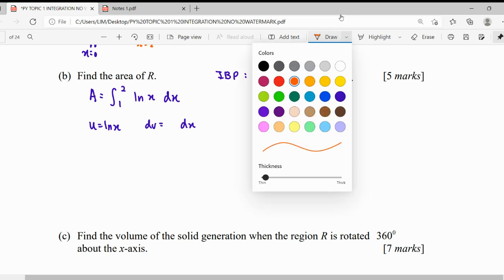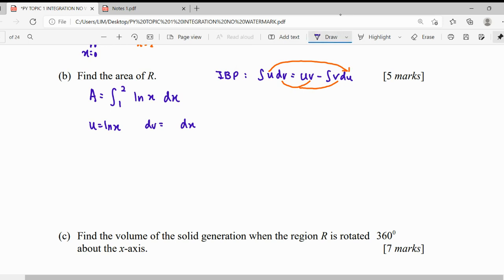So for u, to find du, we differentiate u with respect to x. We differentiate ln x, which gives 1 over x. So we move our dx to the right hand side, and it becomes 1 over x dx.